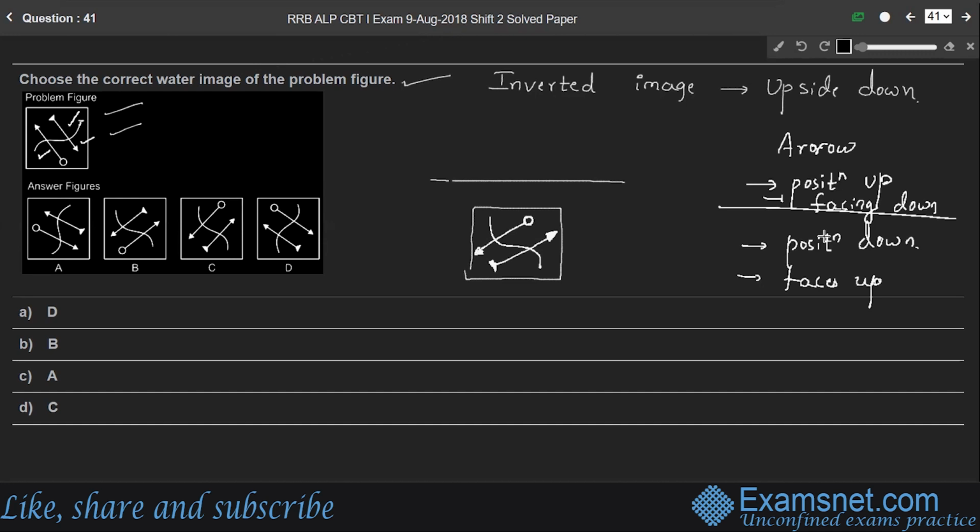This is called an inverted image, or upside down. Looking at the options, option C is the water image, the inverted image of the problem figure. Hence, option D is the right answer.